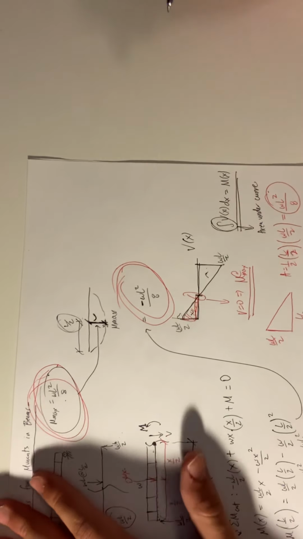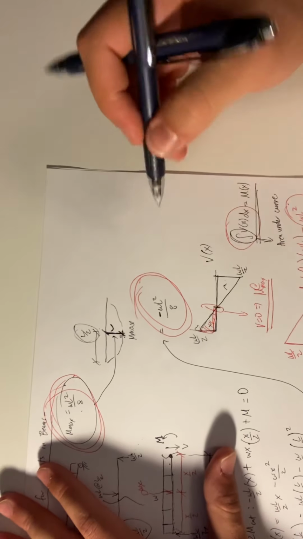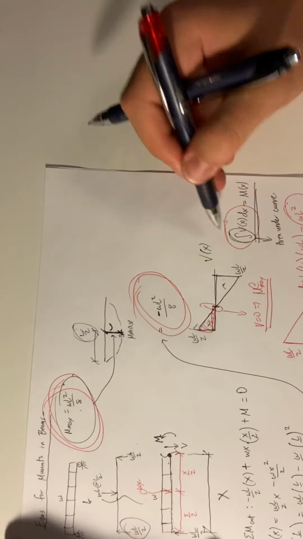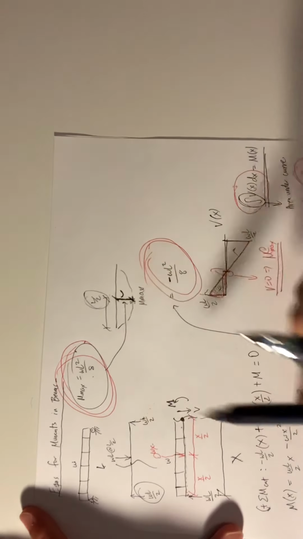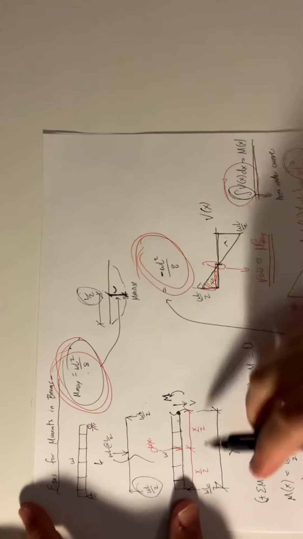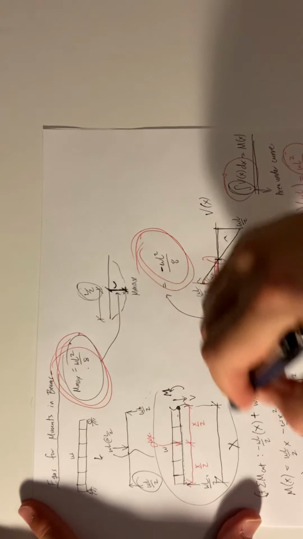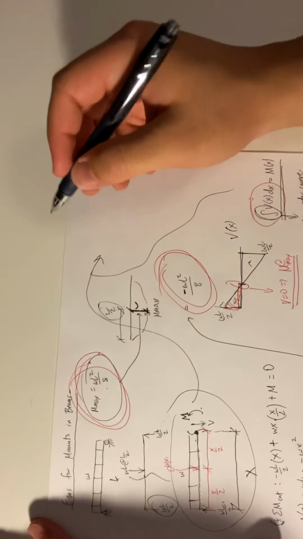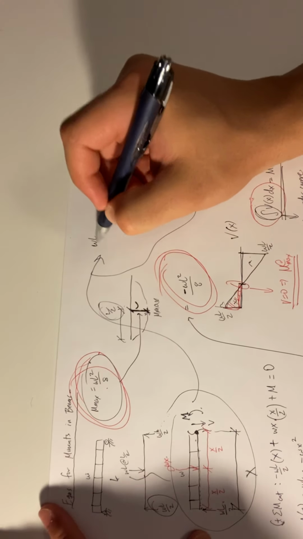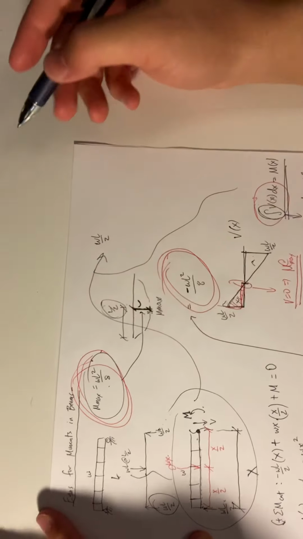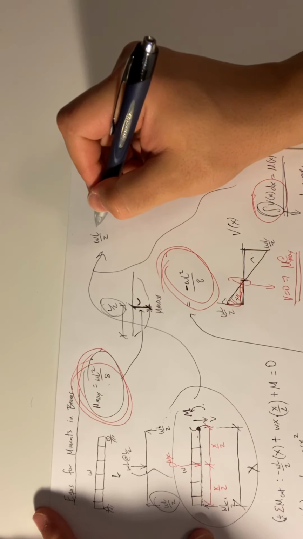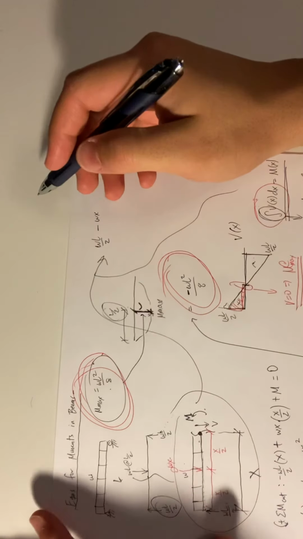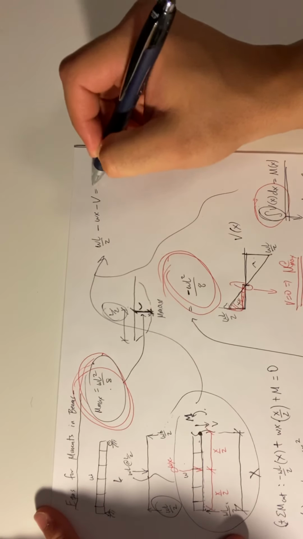A fourth way would be, if you want to find the equation for V here, the way we would do that is, you have WL over 2 positive minus WX, right? Minus V equals 0.